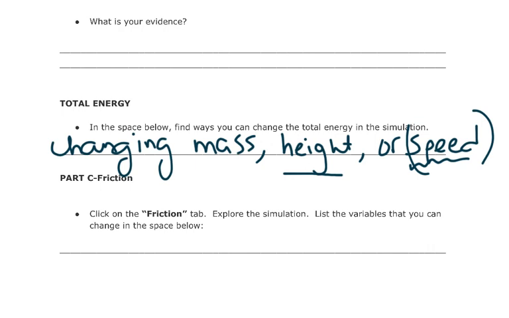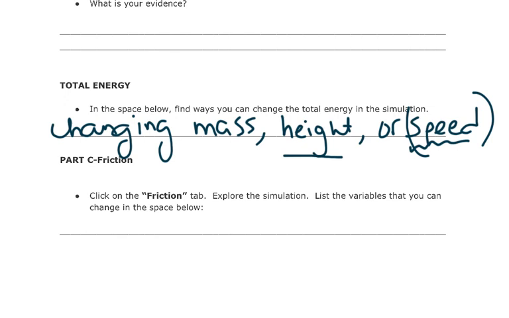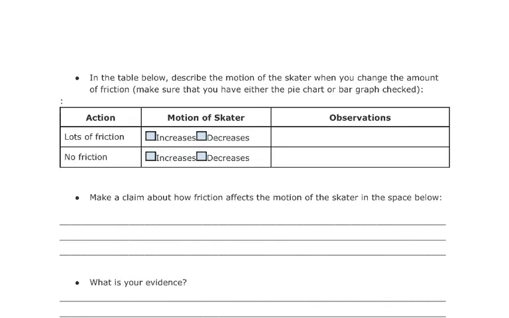Okay, so friction changed a little bit. We will talk a little bit about that in the slideshow. You should have made some observations there. Okay, so you should have seen that with lots of friction, you had a decrease in the skater's motion. If you had no friction, you had an increase. Okay, so the friction caused the skater to slow down.